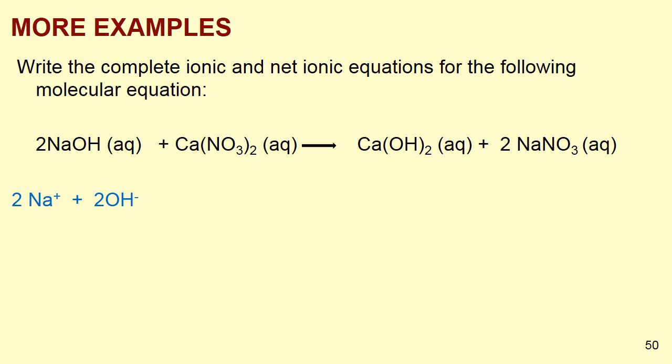The NO3 is a polyatomic ion, so it's better to remember your polyatomic ions, NO3 -1. You can figure them out if you knew that the calcium was +2, and the fact that there's 2 NO3s with it means that each NO3 has to be a -1, or if you knew the NO3 was a -1 and there's 2 of them, which makes it a -2, then the calcium has to be a +2.